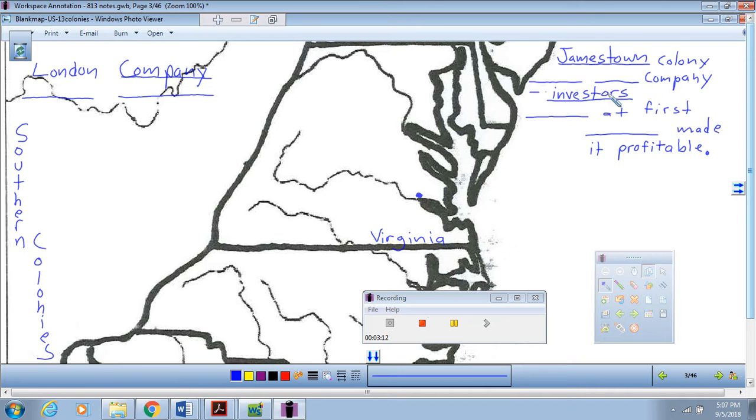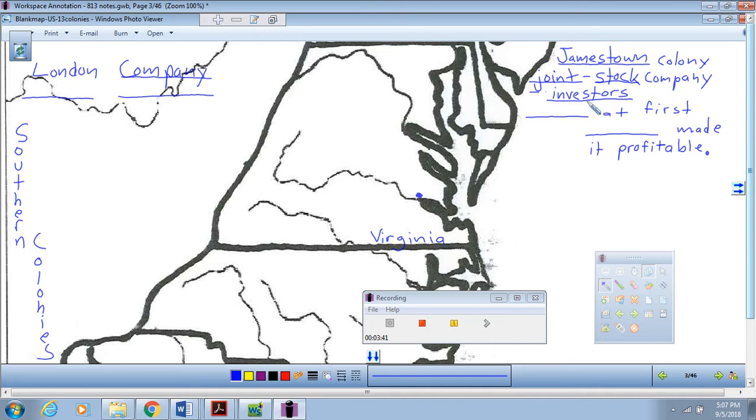Because there was more than one investor and each held shares of stock, it was called a joint stock company. The joint stock company, the group of investors that founded Jamestown, was called the London Company.